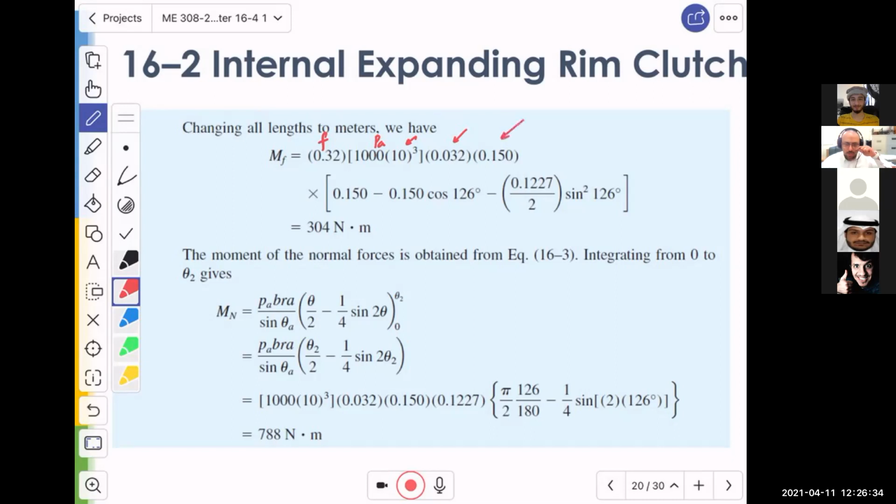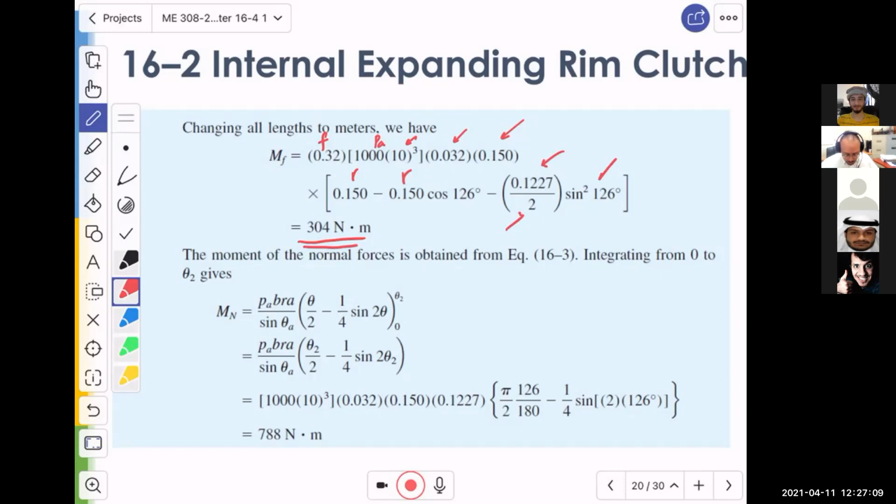The radius is 150 millimeter, which is 0.15 meter. Then you multiply by R, which is R again, and then R cosine 120, and then A, 122.7, we divide by 1000 to make it in meter, and then divide by 2, and this is sine 126 again. What did we get? We got 304 Newton meter.